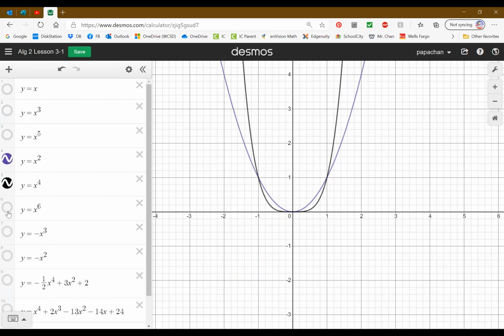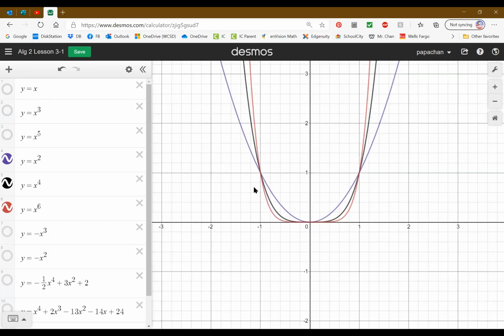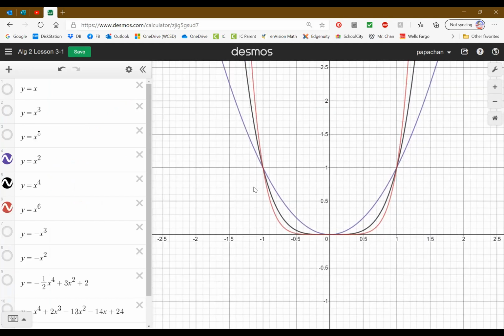Oh, look at that. X squared was purple. X to the 4th is a little kind of flatter near the vertex area, and X to the 6 is like that. Let me zoom in so you can kind of see that. All right, they all seem to go through (-1, 1) and (1, 1). So that's where they kind of cross with each other. Let's draw that back on our note taker.